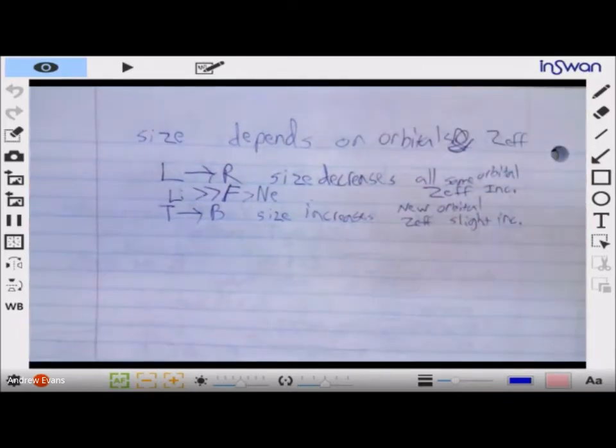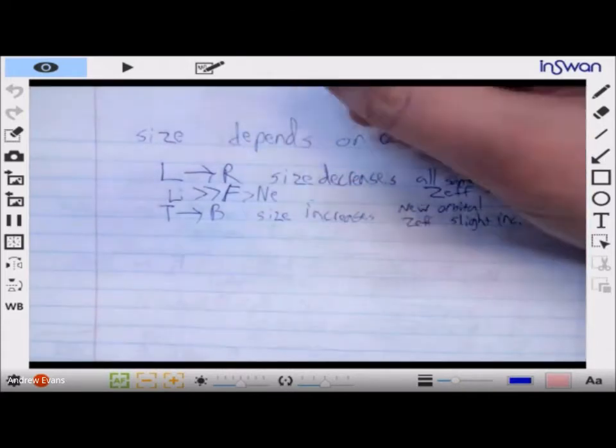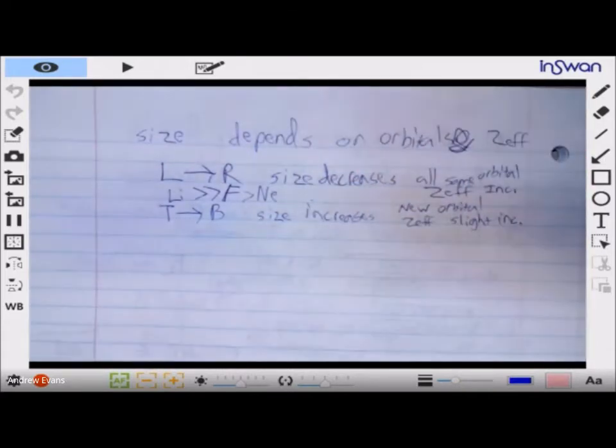And so if we go down, hydrogen, lithium, sodium, potassium, rubidium, cesium, francium, we're getting bigger and bigger because we're going from row 1 to row 2 to row 3 to row 4. We're putting new orbitals around there because the size all depends on electrons, the electron cloud. So anything that shrinks the electron cloud makes it smaller. Everything that grows the electron cloud makes it bigger.